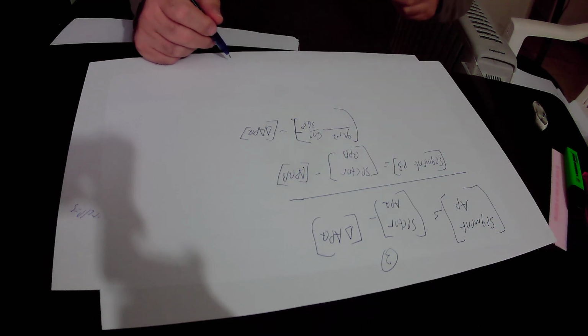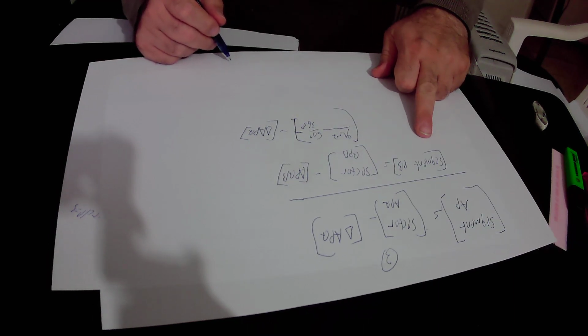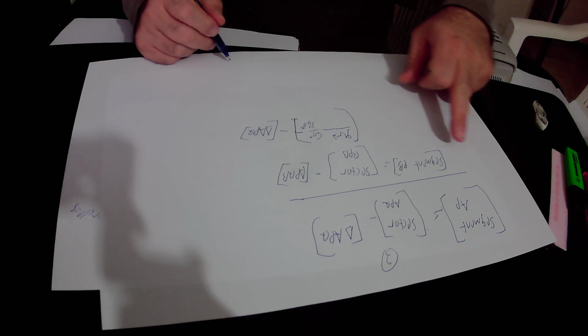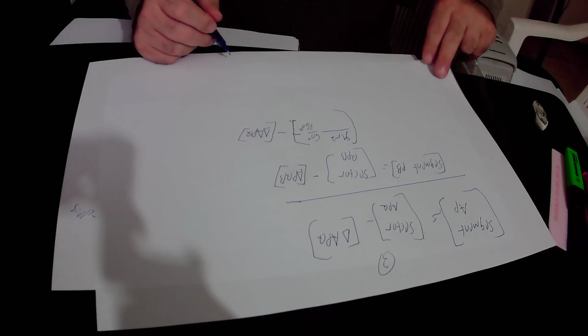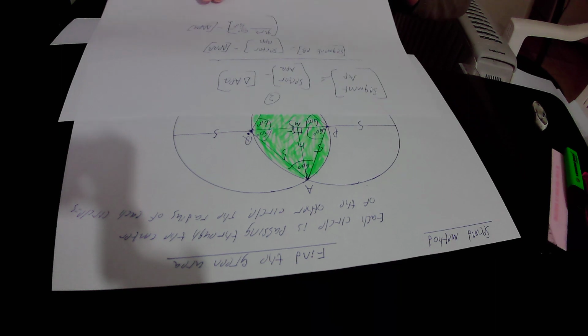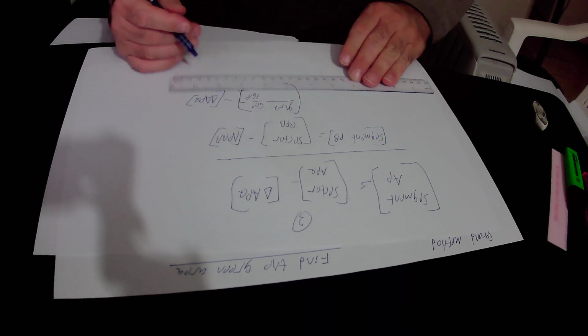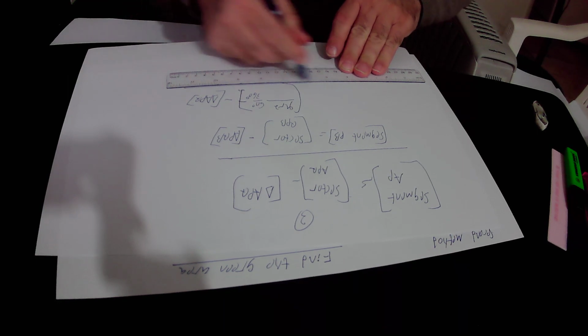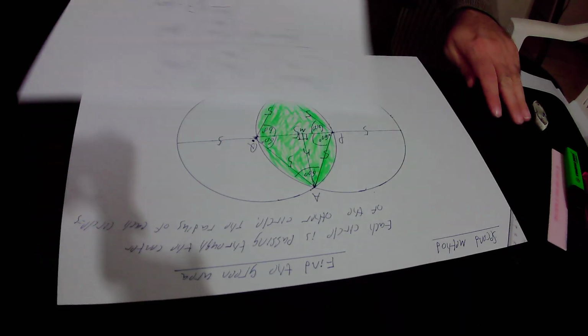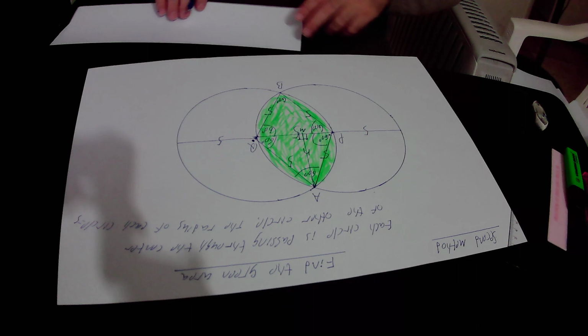So we found out that the area of segment PB equals the area of segment AP, that is also equal to the area of segment AQ. Okay, and then what is the area of segment QB?